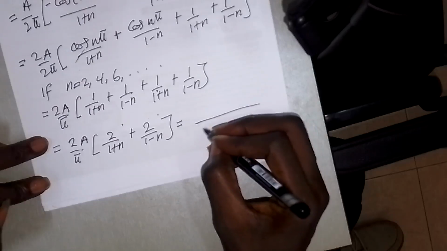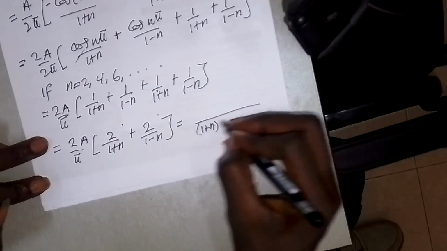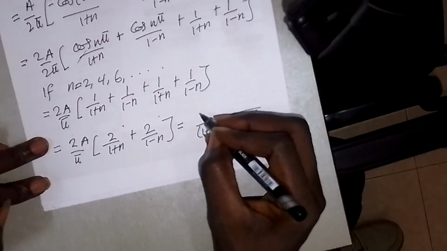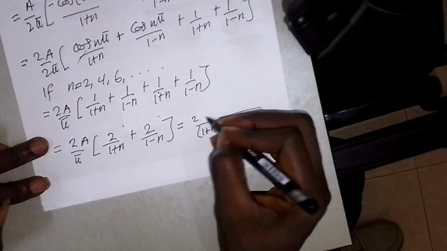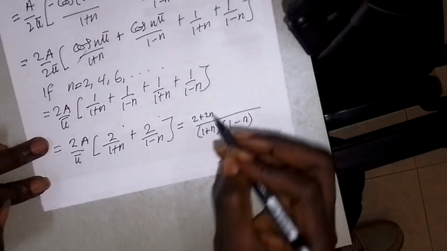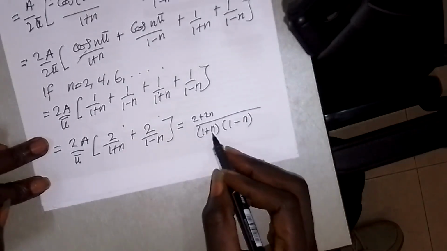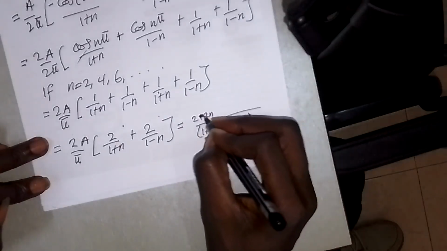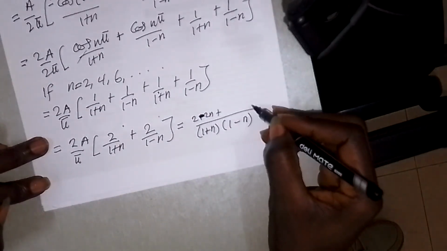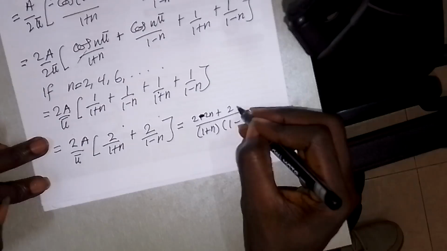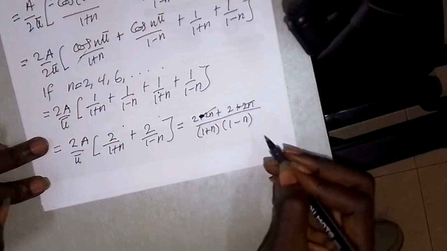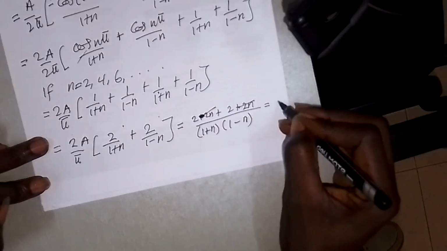You can say that here 1 plus n, and then 1 minus n. So if you bring it here, you're going to get 2 plus 2n. Please wait. If you bring it here, you're going to get 2 minus 2n, and then plus. So if you bring it here, you're going to get 2 plus 2n, all right, and then this one will cancel this one.